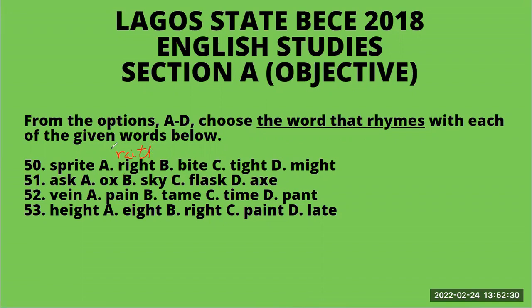And then this one is "sprite." This is R, please take notes. I just want to transcribe it for you to be able to see the sameness of sound. So when you remove SP here, the sound here is "right." The same sound you have in "right."